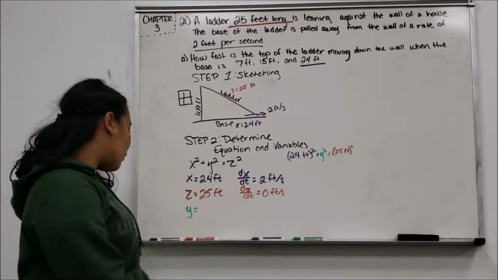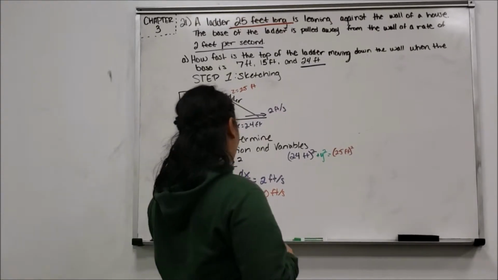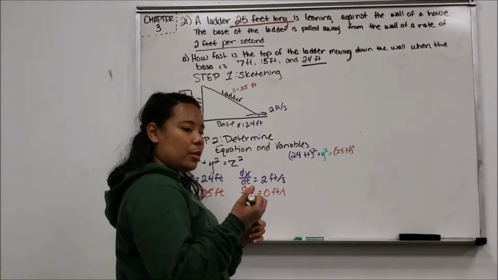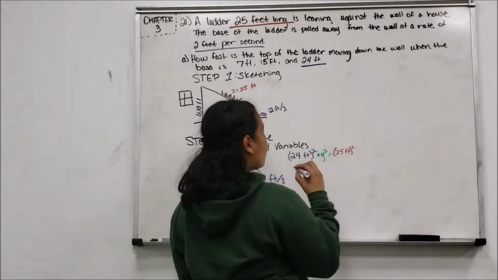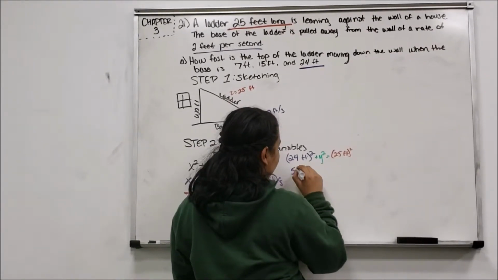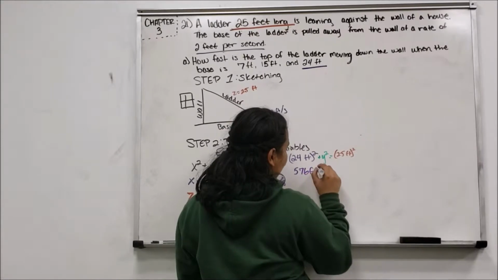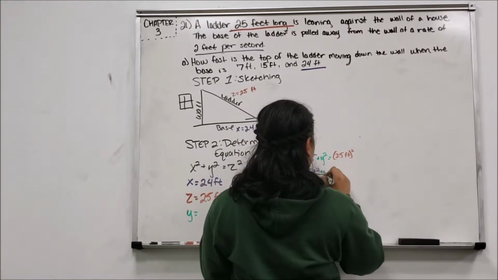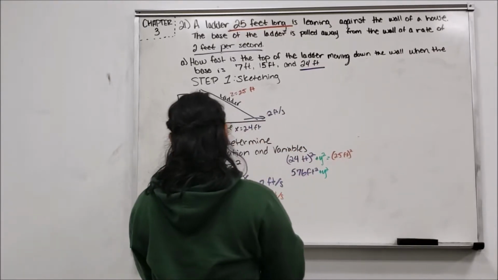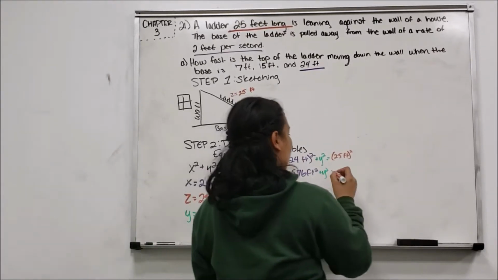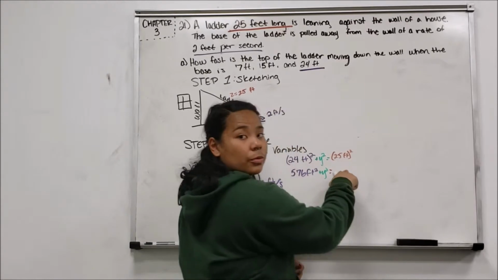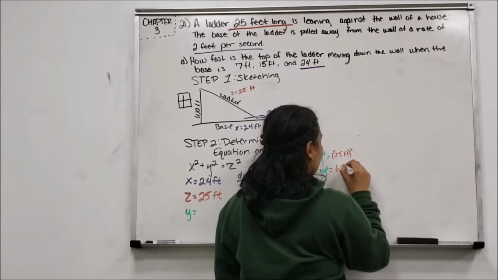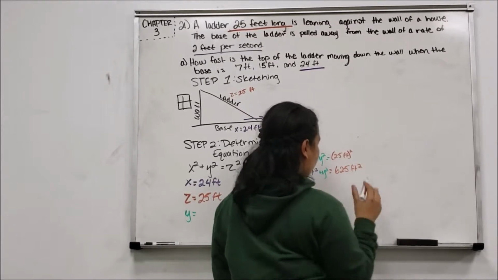Now we're going to solve, and we get 24 squared, which is 576, so 576 feet squared plus y squared equals 25 squared is 625 feet squared.